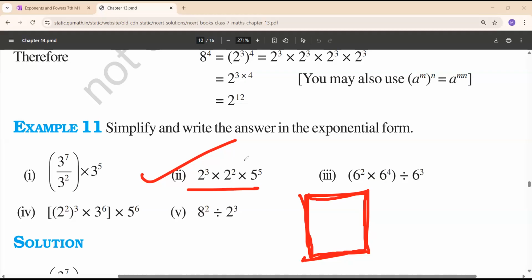Yes, guys, what is the update? See, this is 2 raised to the power 3 into 2 raised to the power 2 into 2 raised to... Okay, do it.